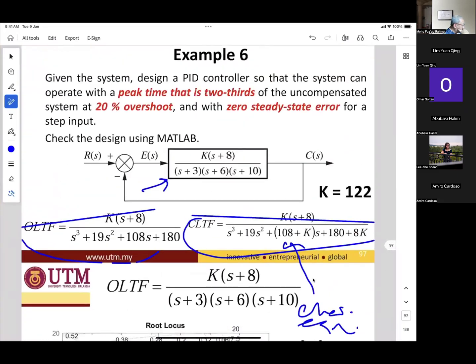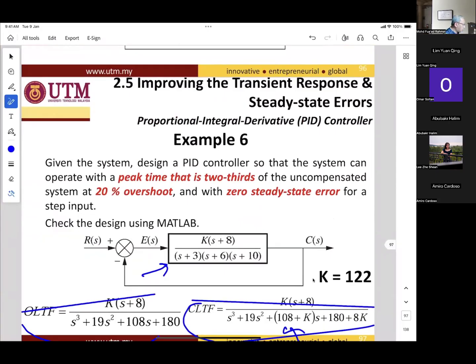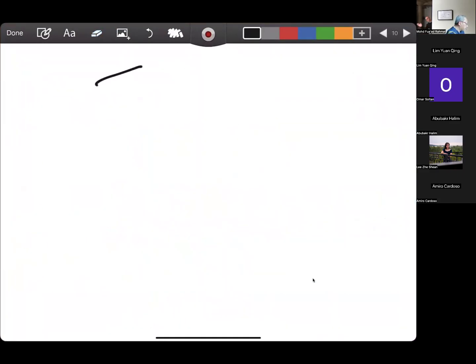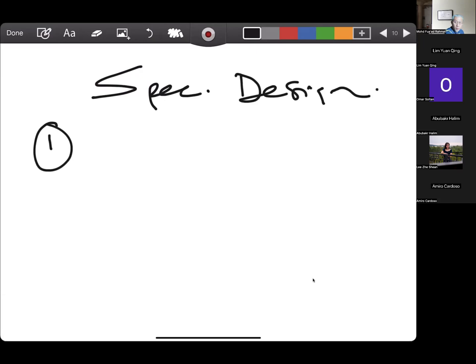So our spec design. Number 1. What is the spec design number 1? Lim?